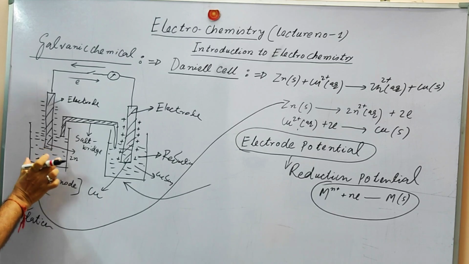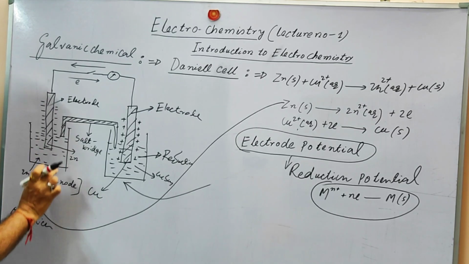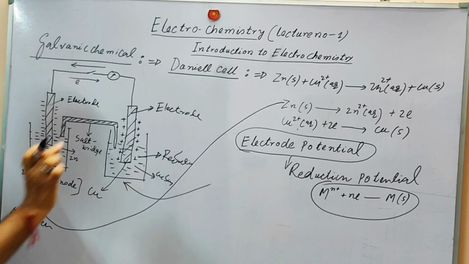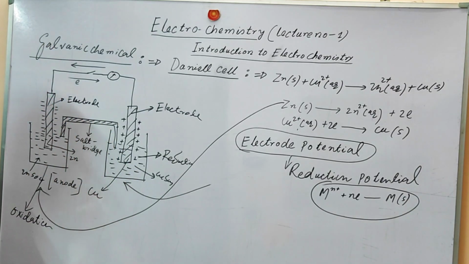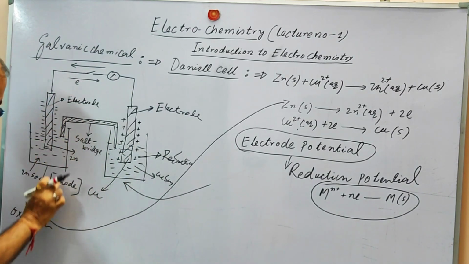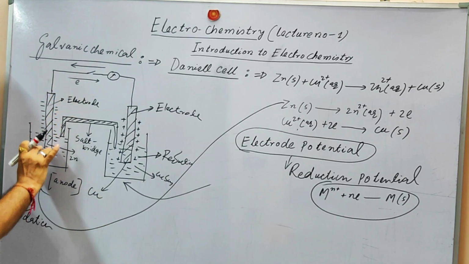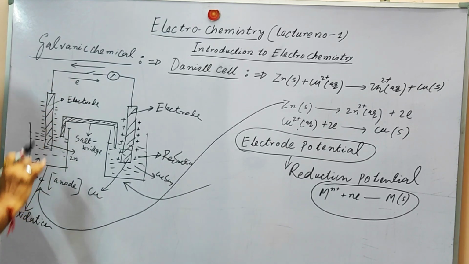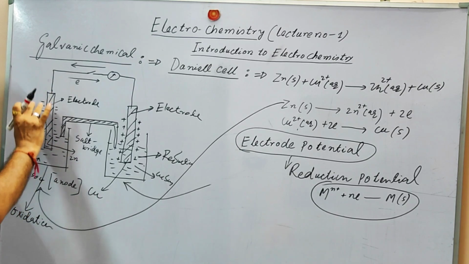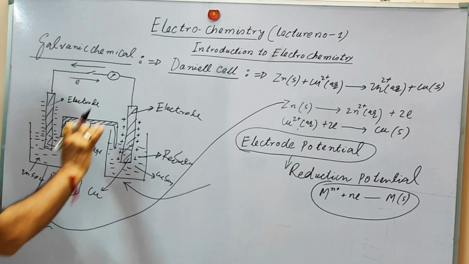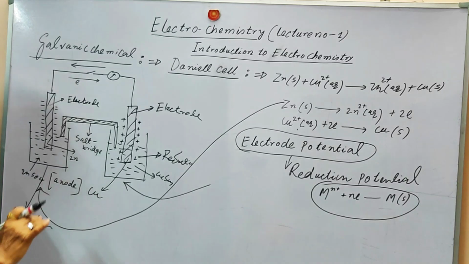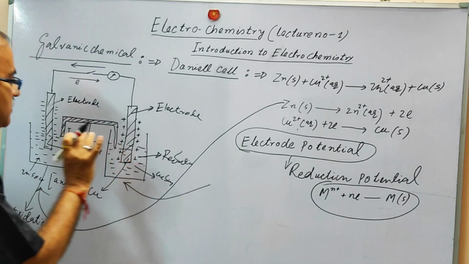In one half cell the oxidation happens, in the other half cell the reduction happens. This is called the anode, where the oxidation happens and a negative potential has been created. So we call this the oxidation potential, and this the reduction potential, because the reduction is happening here.